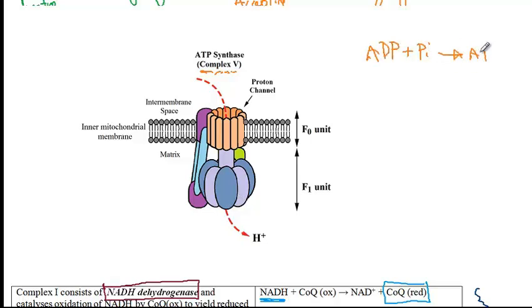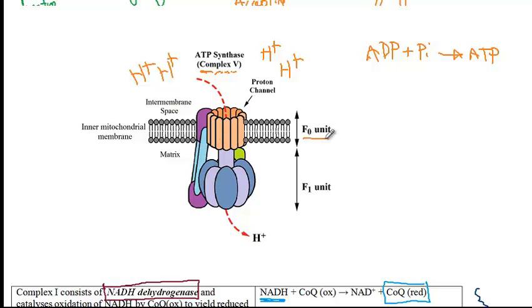into ATP in a reaction that is carried out by the electrochemical energy from the electrochemical gradient of the H+ that has built up in the intermembrane space. And so I'd like you to pay attention to the structure of the ATP synthase.